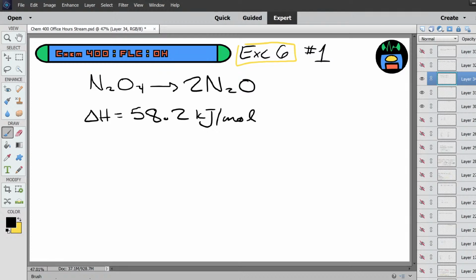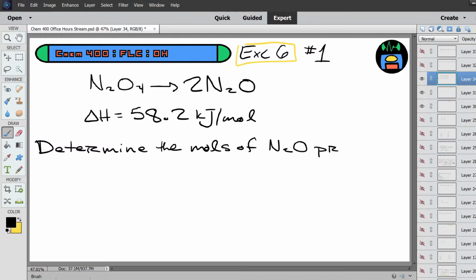And then they ask us to determine the moles of dinitrogen monoxide produced, and this is where I'm going to change it around slightly. I'm just going to alter the numbers.